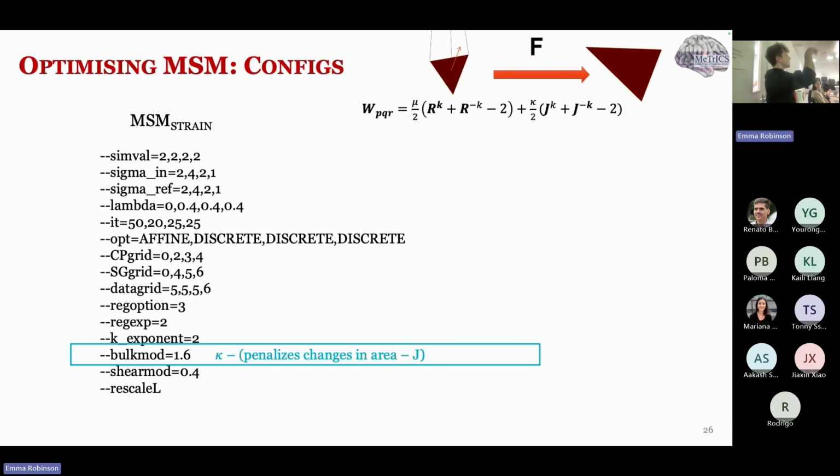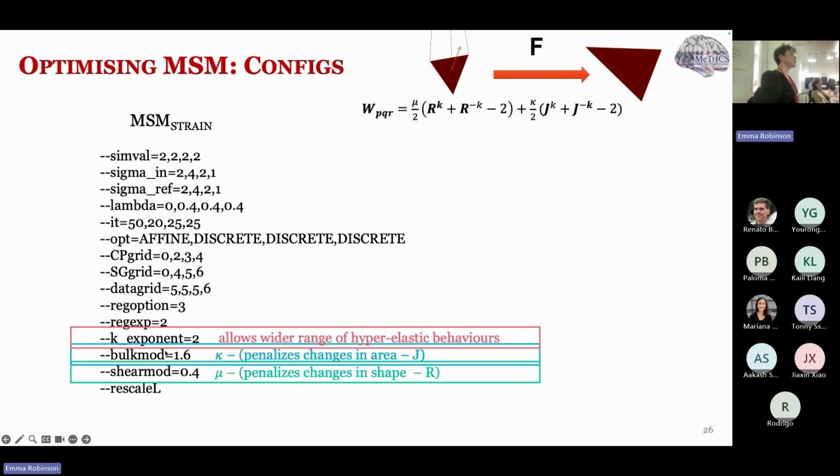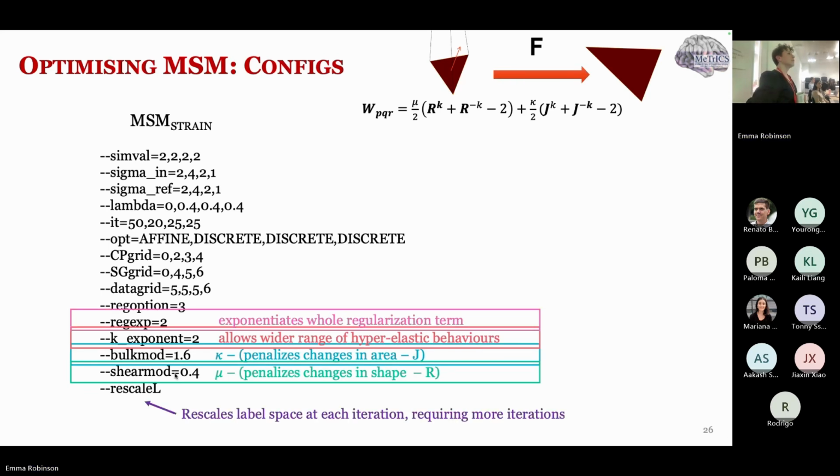So it gives you a denser sampling of the space, but then you have to increase your number of iterations. And more importantly, MSM strain has all these extra parameters that go into the strain calculation. You can just leave them as they are most of the time. There's a fixed set for spherical registration and a fixed set for anatomical registration, and don't change them. That's it.